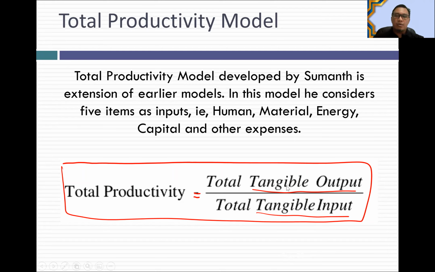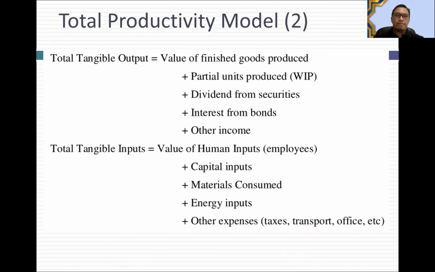So what are the tangible outputs and what are the tangible inputs? The tangible output may consist of, first, the value of finished goods produced. We can calculate it by determining how many finished goods are produced times the price of the finished goods per unit.